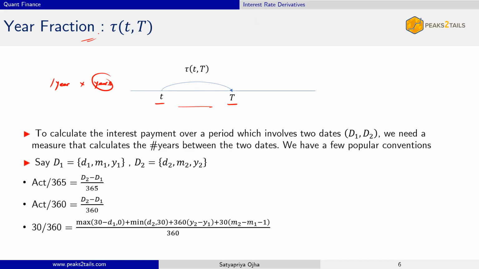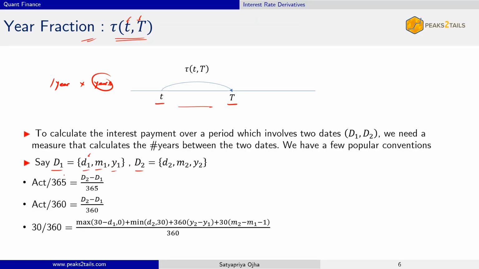So we need a measure to figure out the distance between 2 time instances. That's called the year fraction. The notation I will be using is tau(t, T), which basically means the time distance between these two instances in terms of years. Let's say there are 2 dates, D1 and D2. Each date has a day, a month and a year, correct?